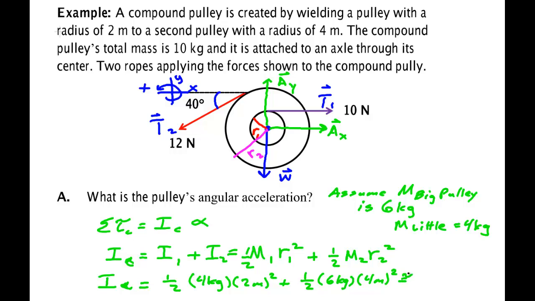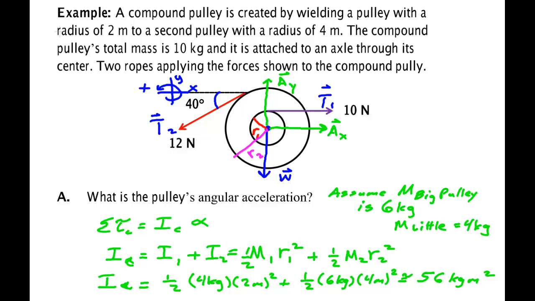And then I need to punch the calculator to find the effective moment of inertia. So let's see, 4 times 4 divided by 2, that's 8 for the little one, plus 16 times 3, total is 56. So the total moment of inertia is 56 kilogram meters squared.